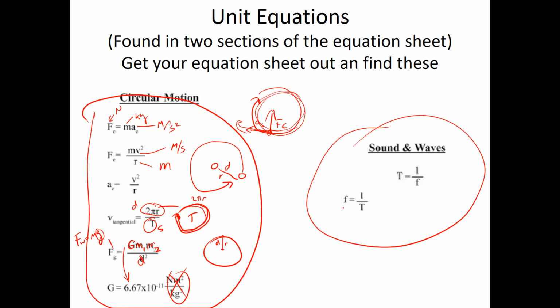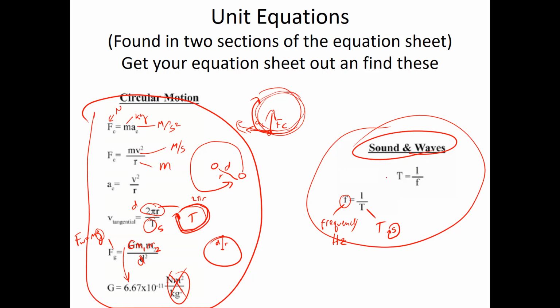And then lastly, F is frequency. We haven't seen this much. The unit for frequency is hertz, something that we're going to work a lot more with next year when we get to sound and waves. And then period is going to be seconds, the seconds to go around one rotation.